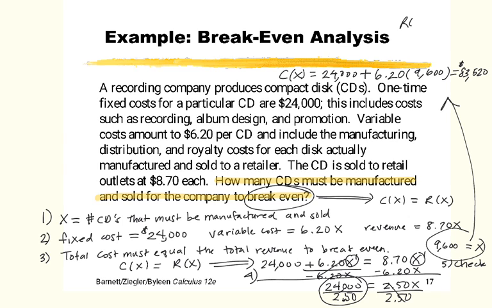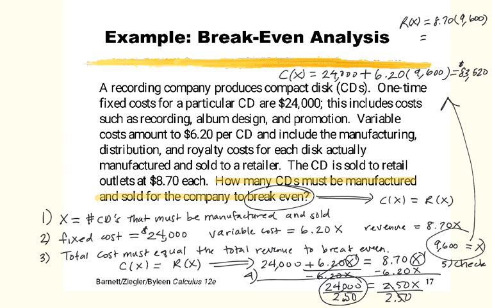Okay, for our revenue, we know that our revenue is $8.70 for each CD, and so we have $8.70 times 9,600.